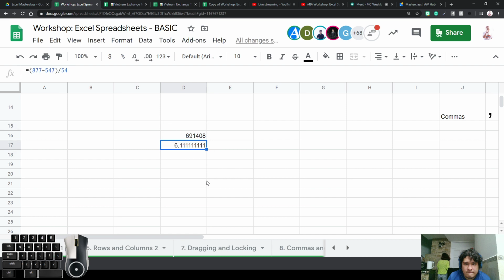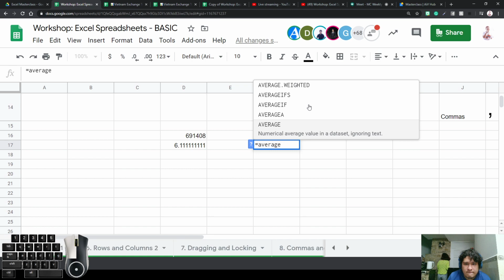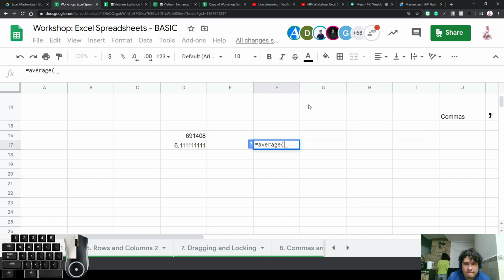I wanted the 6.11. And then let's say I want to make an average between these two numbers because I want to know what's exactly in the middle. So that's another very easy formula to understand, average. But as you can see, they don't put any brackets here. But for every formula where you actually use a word, for example average, sum, or if, I bet you've all already seen a formula called if or if error, to start the formula you open a bracket.